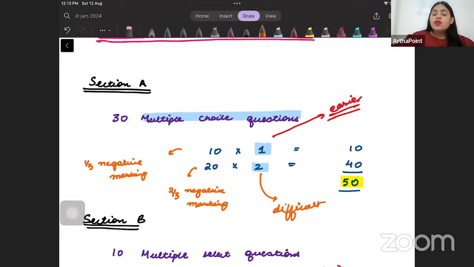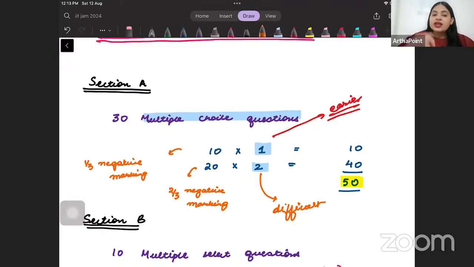Similarly, for the 2 marks questions there is 2/3 negative marking. So you have to think twice before you answer these questions.